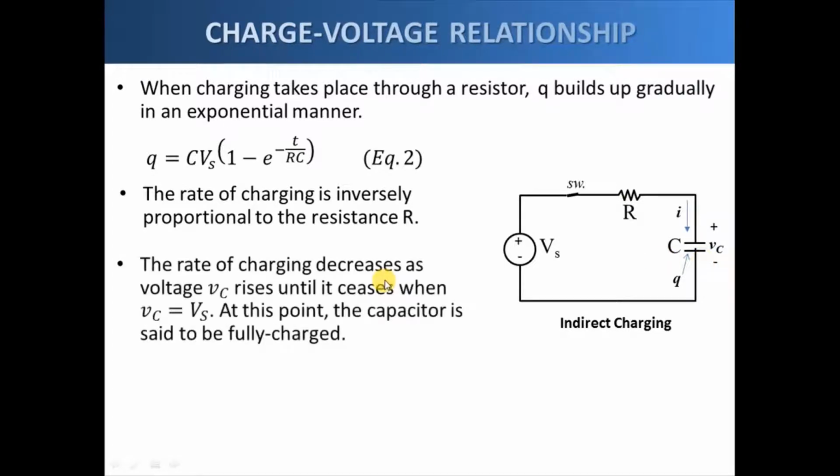Now the rate of charging decreases as the voltage across the capacitor rises until it ceases when the voltage across the capacitor equals the charging voltage. So we can say that once charging stops, the capacitor is fully charged.